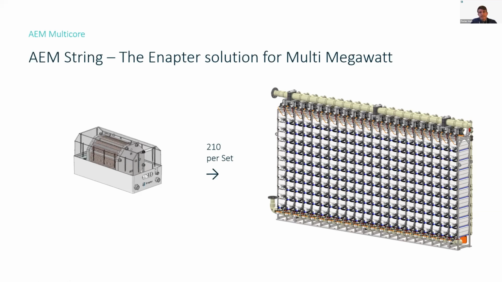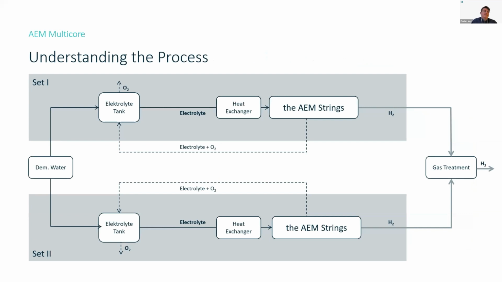So how does the process work? Basically, here we have a small P&ID to get a simple understanding of the process. The demineralized water will go into our electrolyte tank. First I have to say we have 2 sets, so basically this is the same as what we do here.